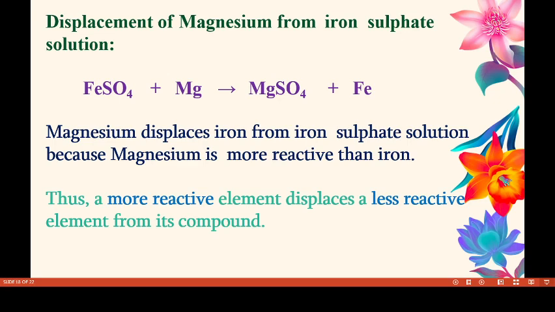A more reactive element always displaces a less reactive element from its compound. So it gives magnesium sulfate and removal of iron.